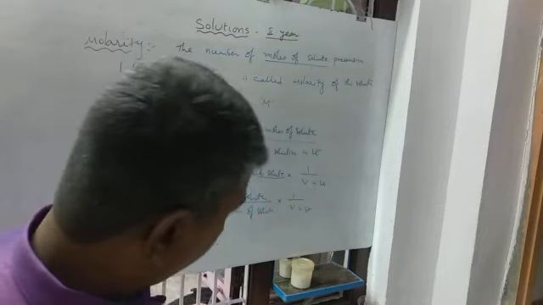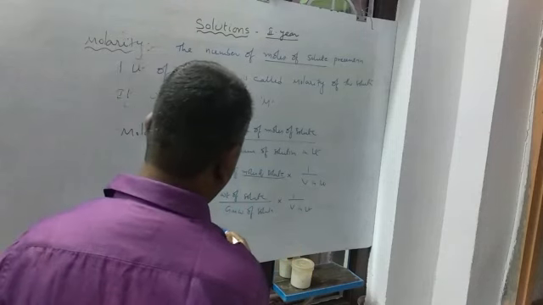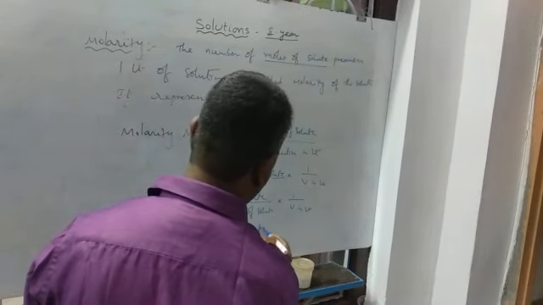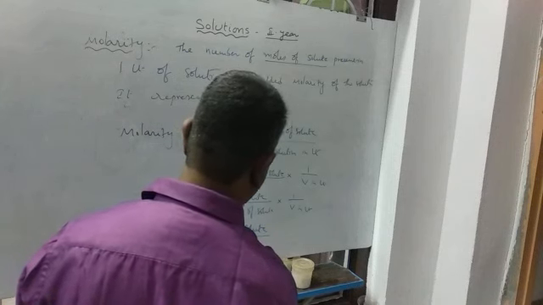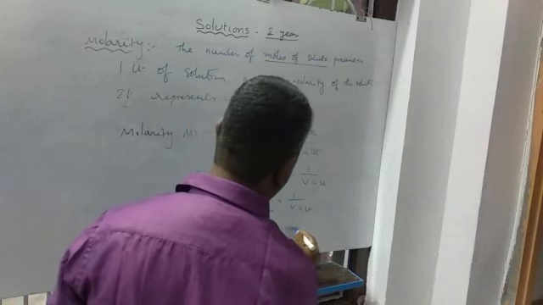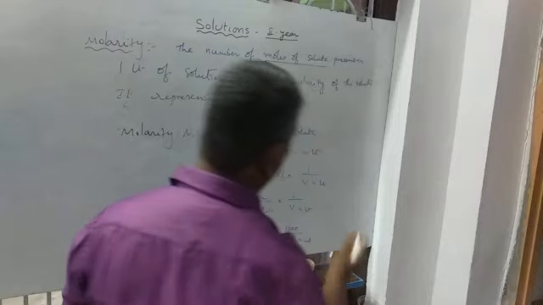If V is in milliliters, then the same formula is weight of solute by GMW of solute into 1000 by V in milliliters.